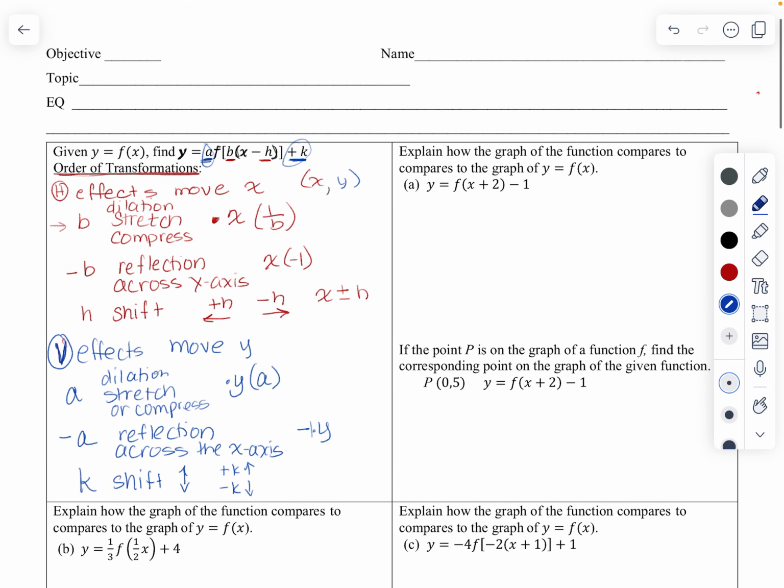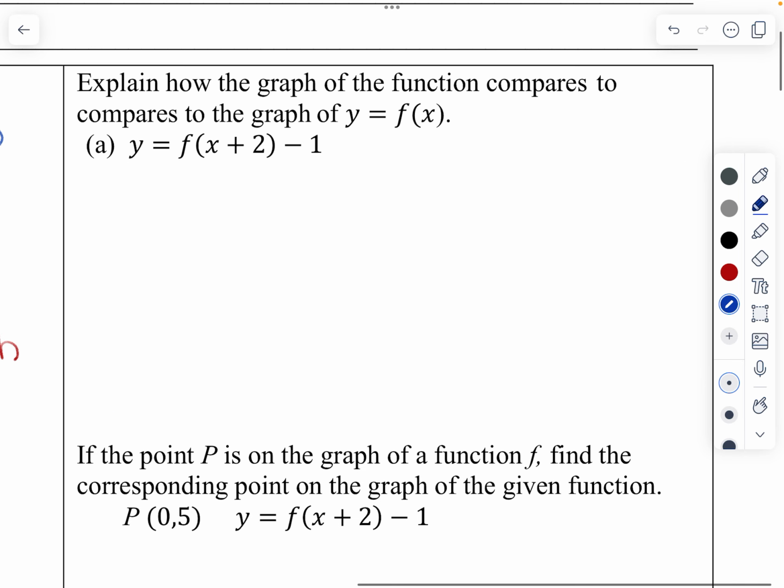So we're going to go over to this box over here. And first what we're going to do is just read it, describe the effect on the given function, and then we're going to put a point on that function through the transformations that we described. So let's start with horizontal here. All right, so this says x minus -2 if we were to put it in the proper format where it says x minus h. Okay, so this is a shift left, right? It says +2. So we have a horizontal shift left 2.